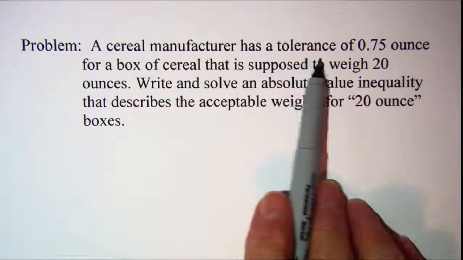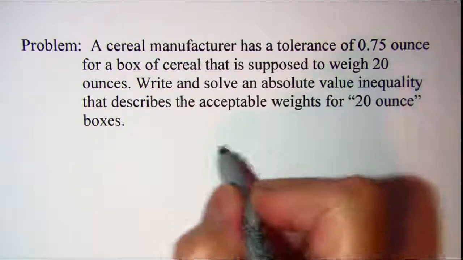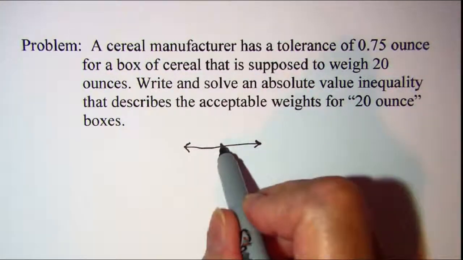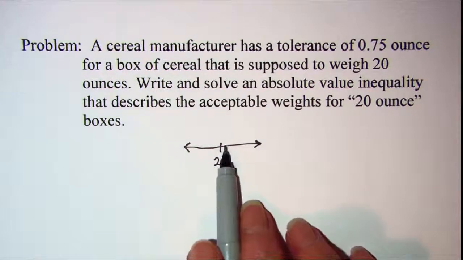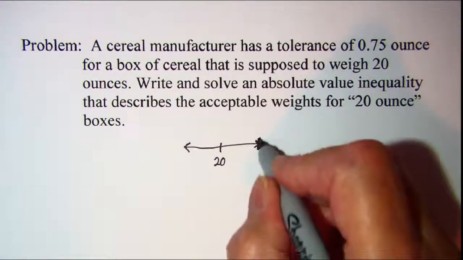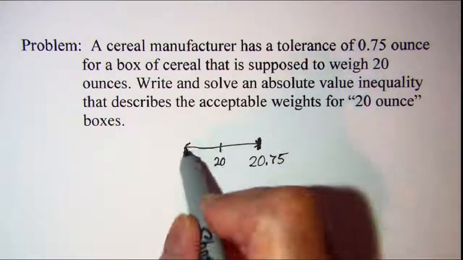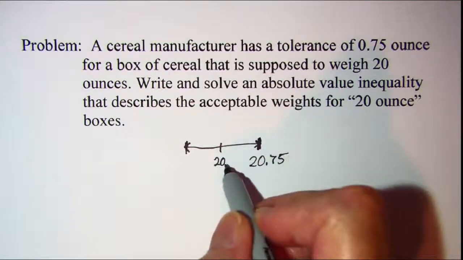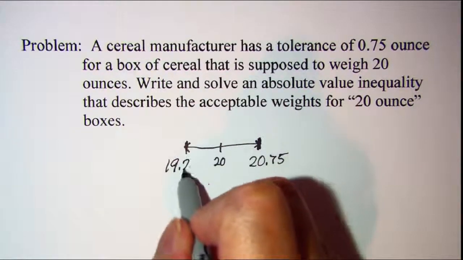So when I have a tolerance of 75 hundredths of an ounce, that means that my weight can be anywhere between, here's my 20, and that would be ideal, but I can also add 75 hundredths, so my top acceptable weight would be 20.75, and my lower acceptable weight would be 20 minus 0.75, which would be 19.25.